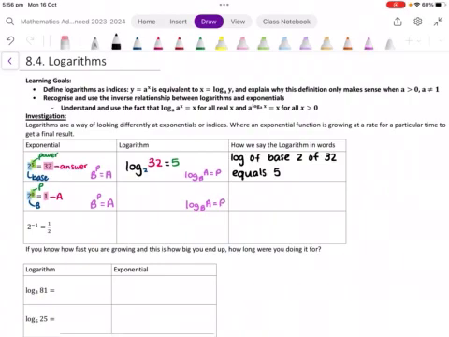So when we substitute these in, we'll have log with our base of 2, our answer of 1 equals 0. How we say this is log of base 2 of 1 equals 0.